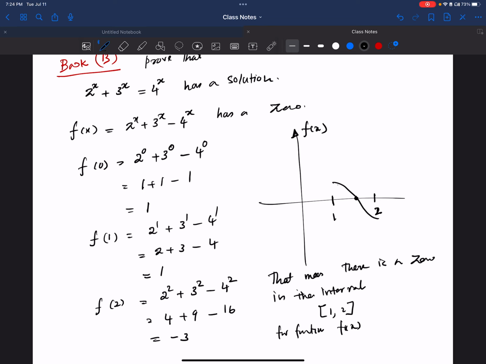Function f of x is a continuous function, so it can assume all values between. There's a 0 in that interval 1 to 2. Okay, so this is how you solve those problems. So with that, I will conclude this video. If you have any questions, please let me know.